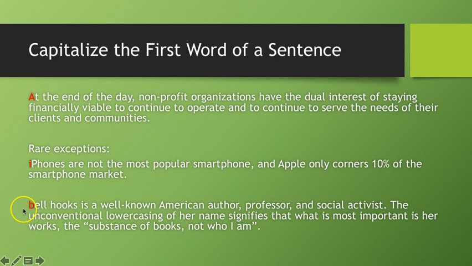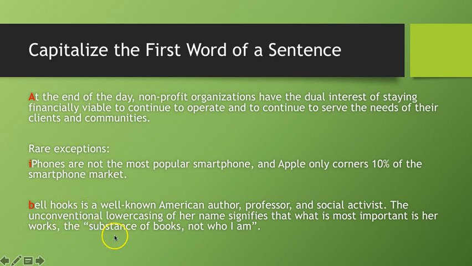Another example is that some people have enough reputation and fame to have their name lowercase. They're choosing to lowercase their name for a certain reason. If they're well enough known, like E.E. Cummings or bell hooks, you would know that or be able to see that in other people's writing, that it's lowercase, and you would honor that even if it's the first word of the sentence.